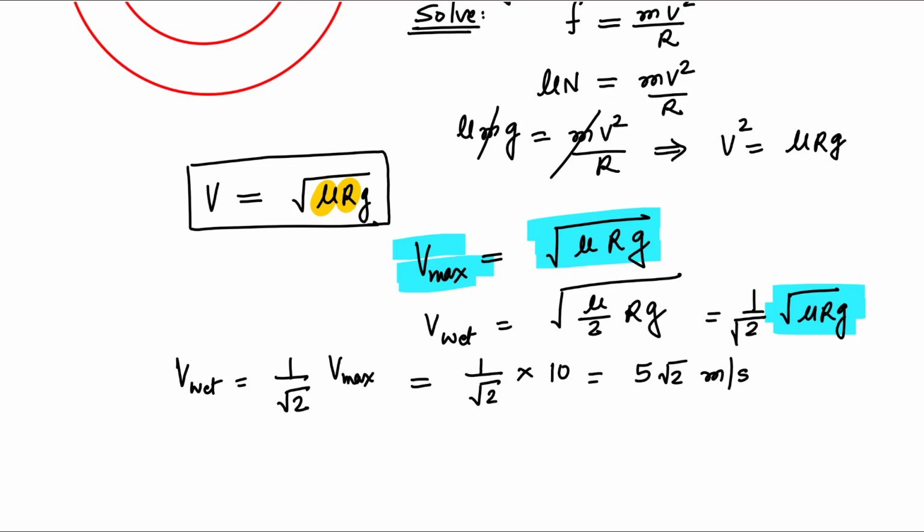So on a wet day, the design speed or the maximum speed will only be 5 root 2, which is less than 10 meter per second. So you see, if the friction coefficient decreases, then the design speed also reduces.